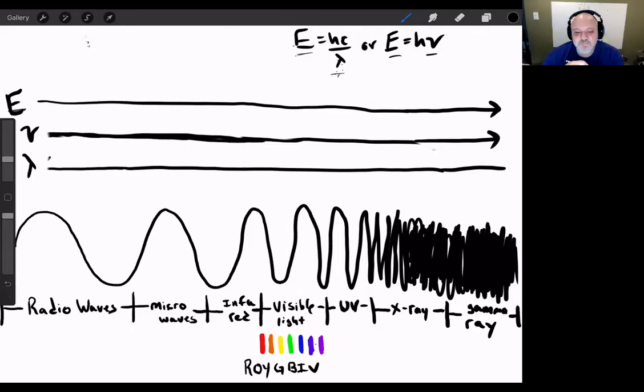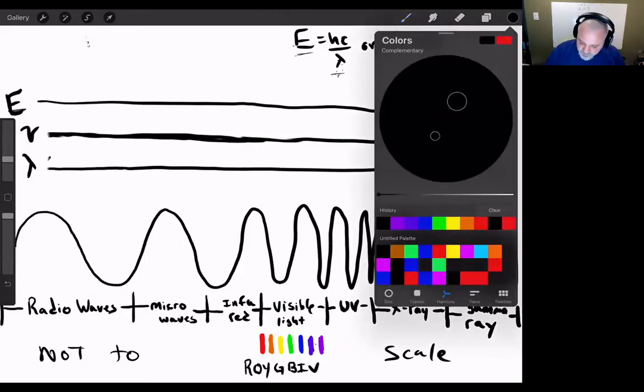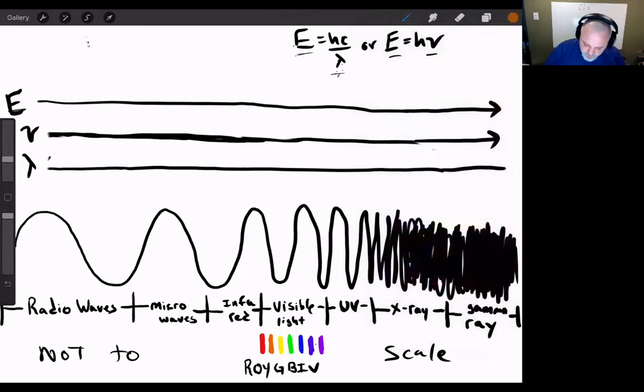Not IRL. Now, it's important to know that these are not to scale. In fact, if I were to put it into scale, visible light would only be a tiny sliver.